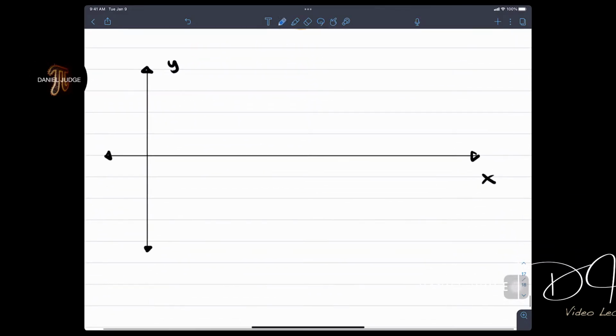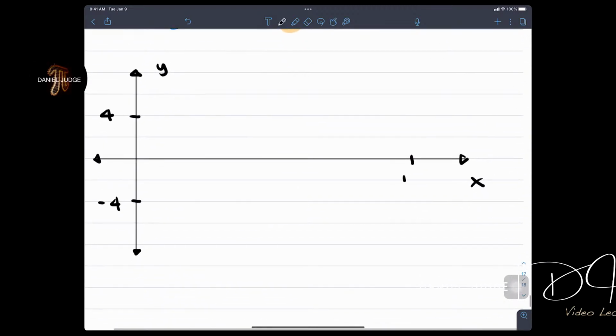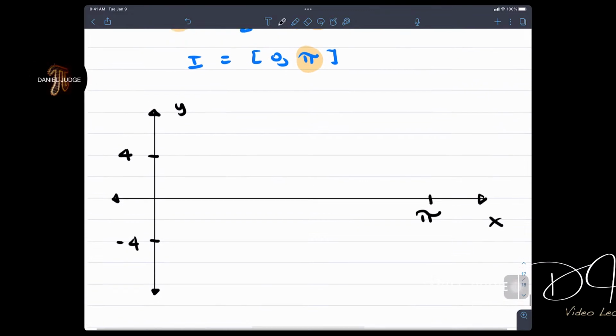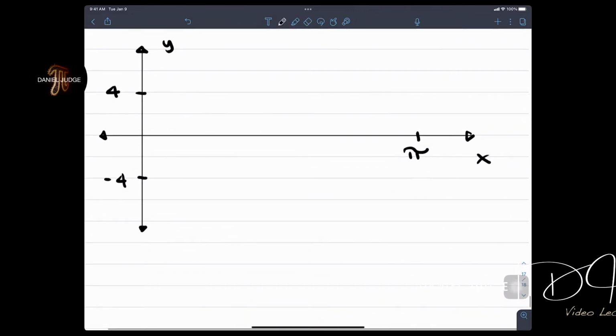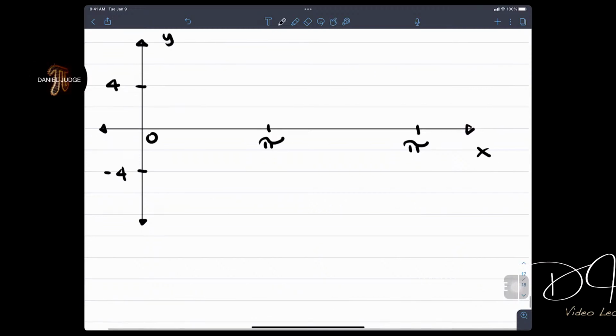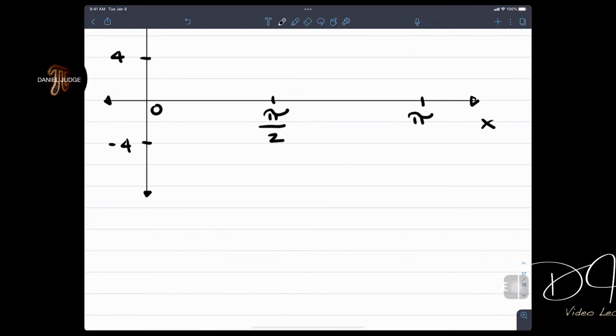So since the amplitude is 4, I'm going to sketch this. Positive 4, negative 4. 0 to pi. Now half a pi, ladies and gentlemen, remember you're going from 0 to pi. Half a pi is pi over 2.